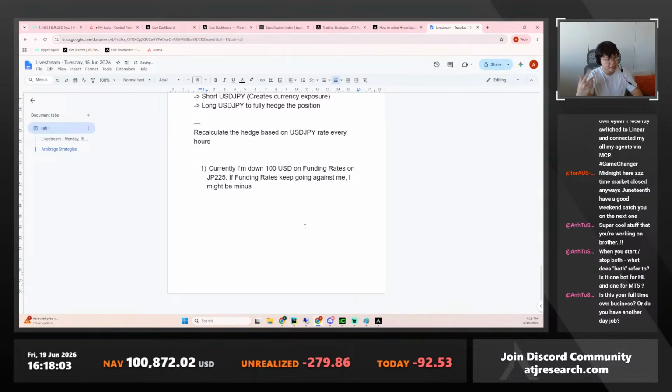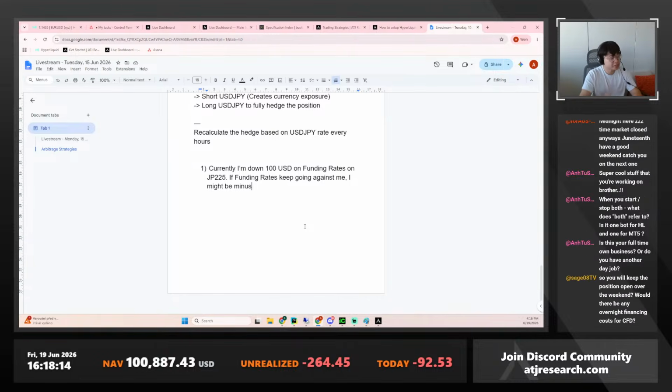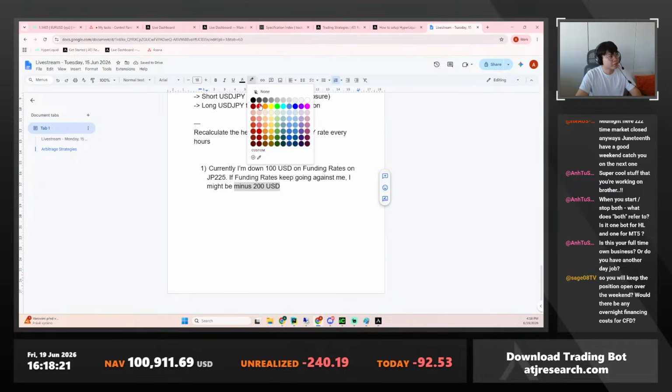I mean, the funding rates have been like that since morning. So the day is almost over in 8 hours, or like 10 hours. So there's actually not much time left for me to bleed on funding rate. So let's say I will be minus 200 USD on funding rates, which is not so bad.